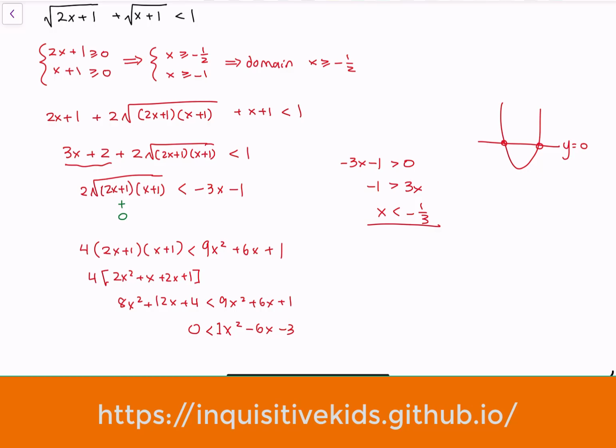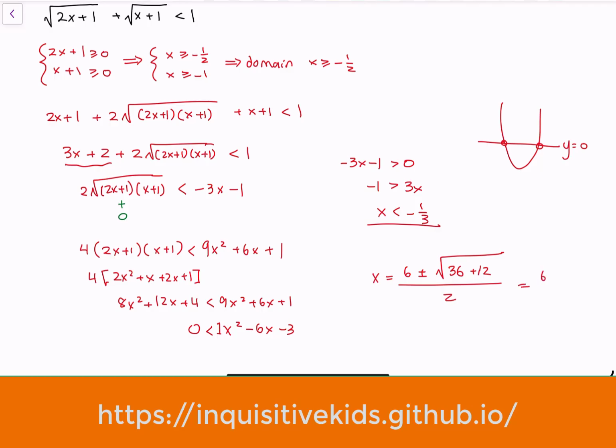Because this quadratic is very hard to factor by itself, all we can do is apply the quadratic formula. The quadratic formula says you can take the negative of the second coefficient, 6, plus minus the square root of the discriminant, which in this case is 36 plus 12, all that over 2.